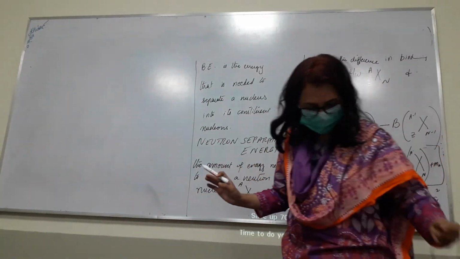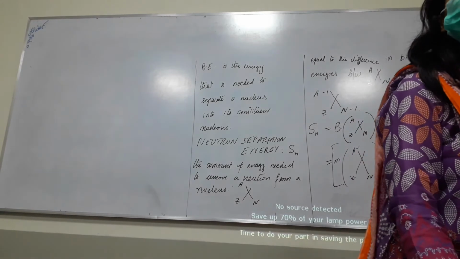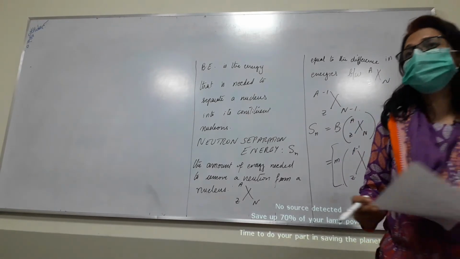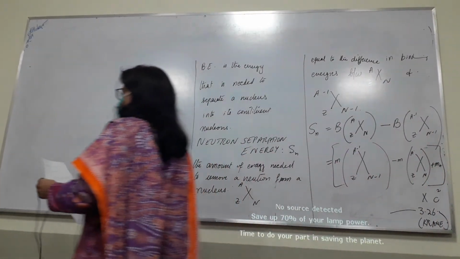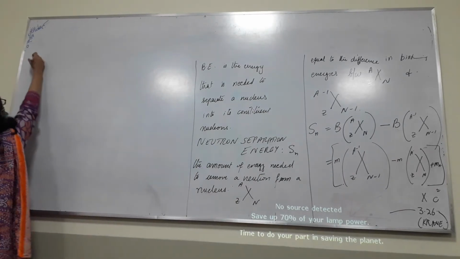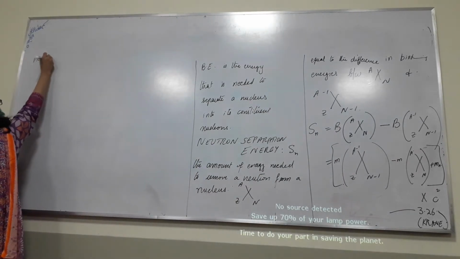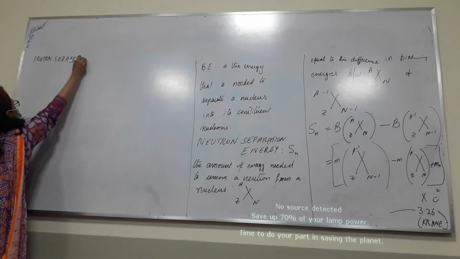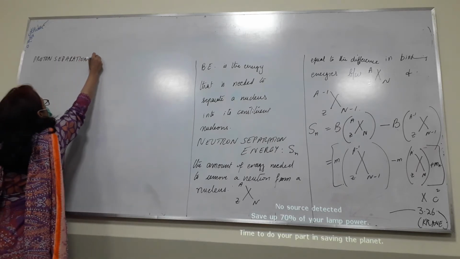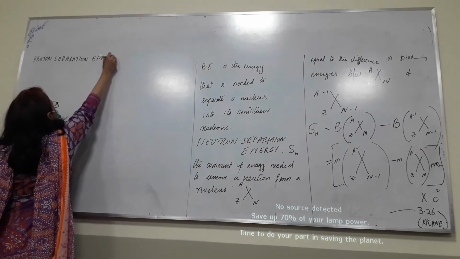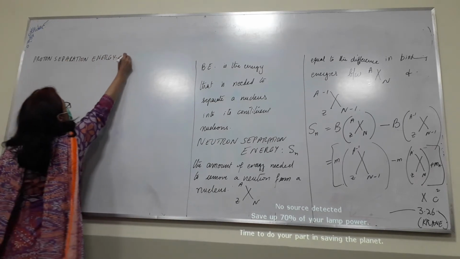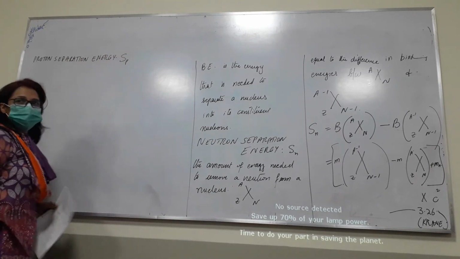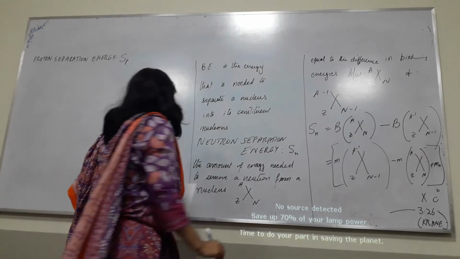Now, just as we discussed the neutron separation energy, we also have a proton separation energy. This is the symbol with the subscript P for proton.